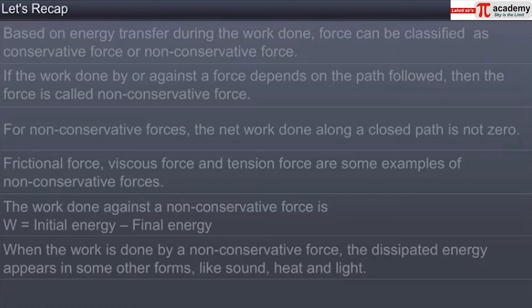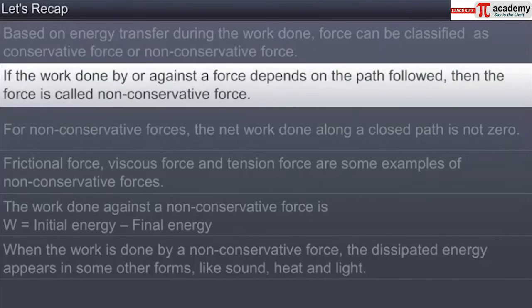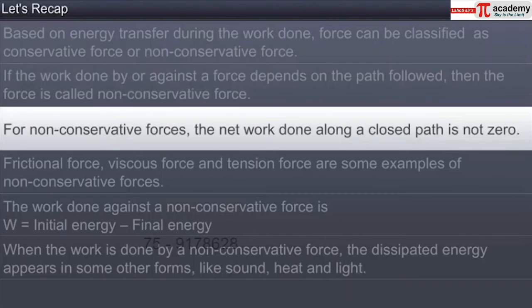In this module, you learned that based on the energy transfer during the work done, force can be classified as conservative force or non-conservative force. If the work done by or against a force depends on the path followed, then the force is called non-conservative force. For non-conservative forces, the net work done along a closed path is not zero.